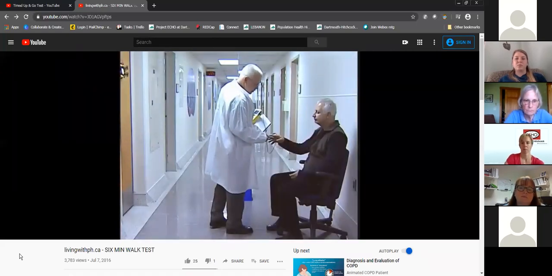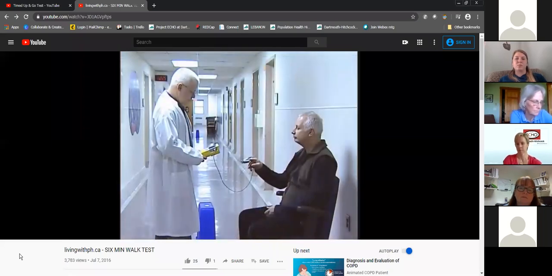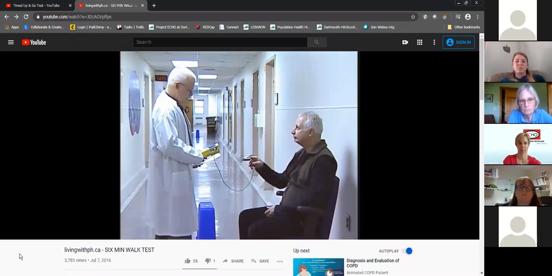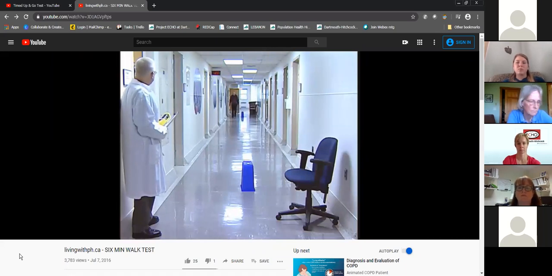Your blood pressure, heart rate, breathing rate, and blood oxygen levels will be measured before the test. You will have to walk as quickly as you can along a corridor of 30 to 50 meters. At the end of the corridor, you will turn quickly around a pylon without pausing, and then continue walking.